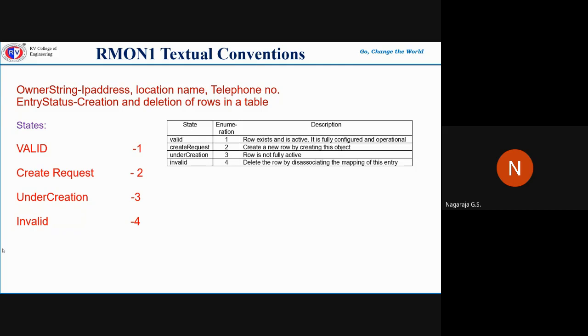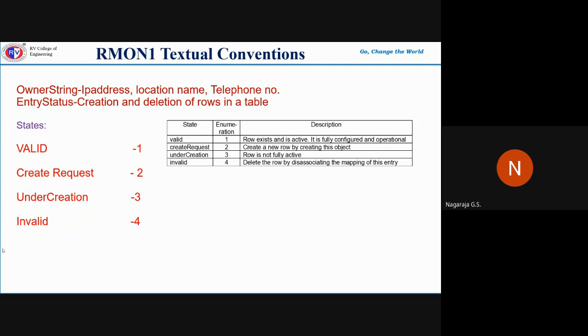The third one is under creation: the row is not fully active, it is yet under construction. And lastly, we have invalid, where you delete the row by disassociating the mapping of this entry.